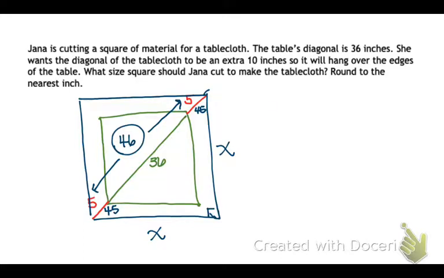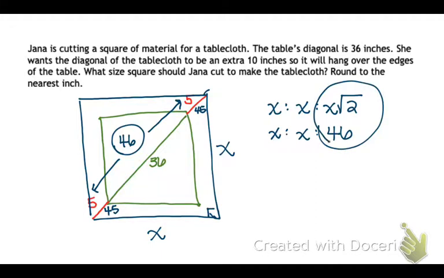So we go back to our ratio for a 45, 45, 90. What we have is the hypotenuse of that right triangle, the diagonal of that square, so 46, which means I'm taking these two parts of that ratio and setting them equal to each other so that I can solve for x.